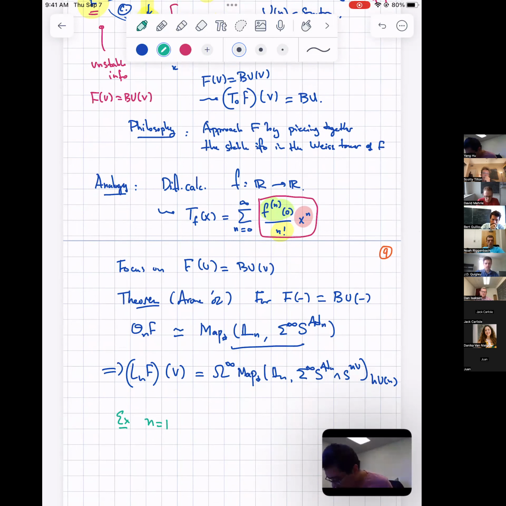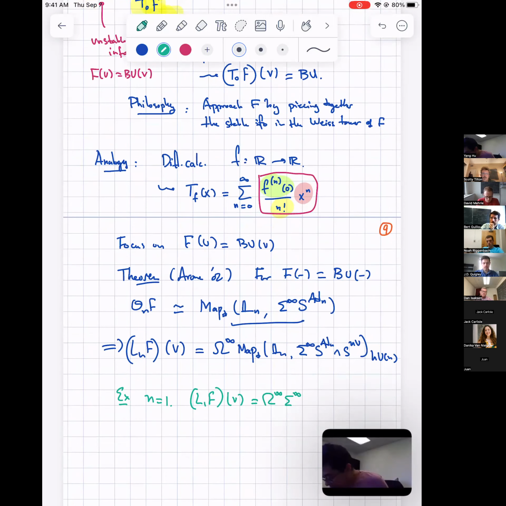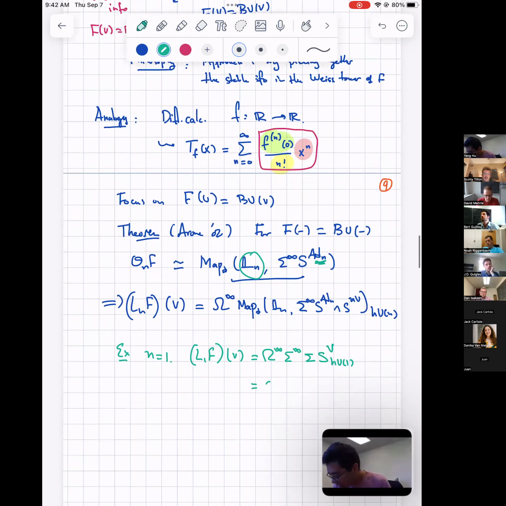So if n is 1, now this first layer of f on V is going to be loop infinity, suspension infinity on, so here this L_1 is the zero sphere and ad_1, S^ad_1 is the S^1 with trivial U(1) action. So this thing is loop infinity, suspension infinity on Sigma S^V with HU(1) homotopy orbits, right? So this is Q Sigma S^V HU(1).